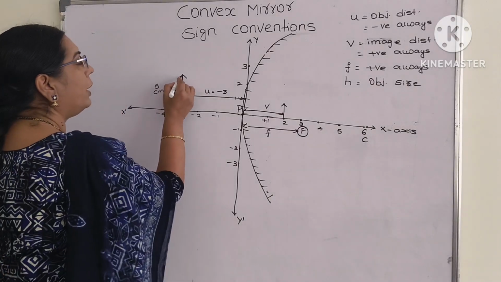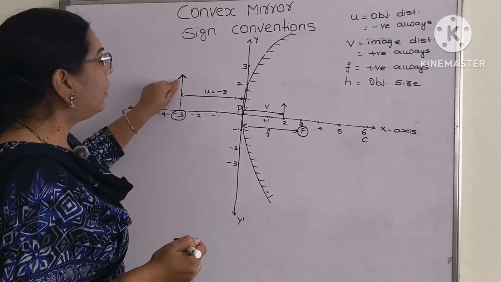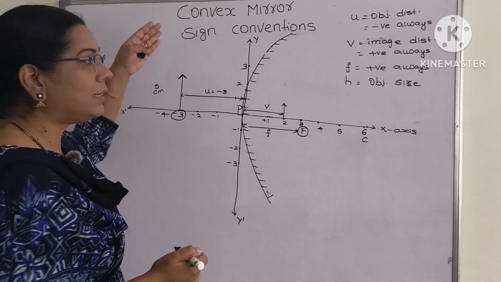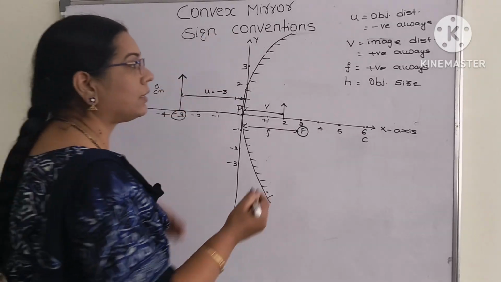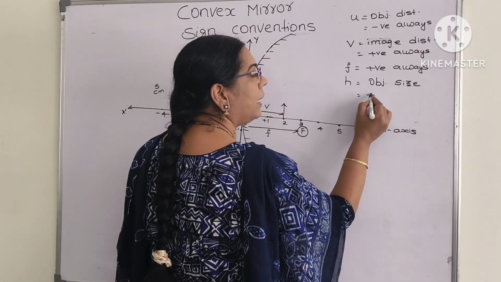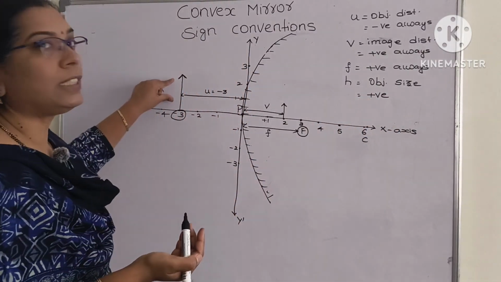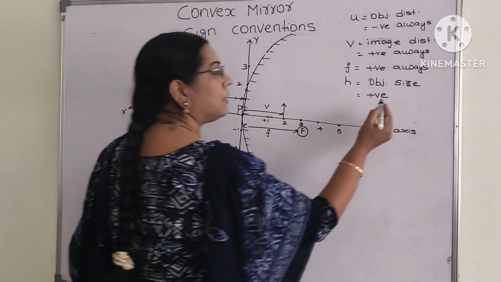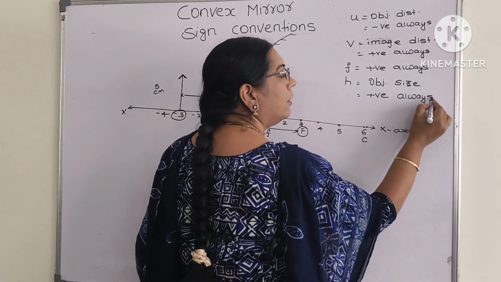The arrow is pointing to the positive y-axis. Hence, if the arrow is pointing towards the positive y-axis, the object height is taken as positive. And how do we keep an object? Always upright, always pointing towards the positive y-axis. Hence, h will always be positive.